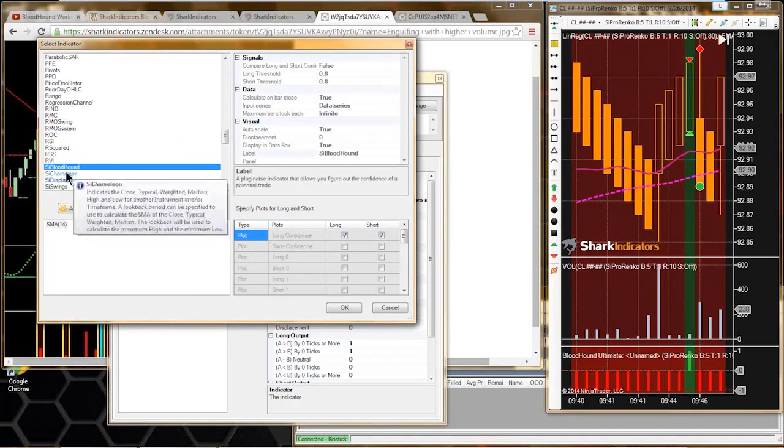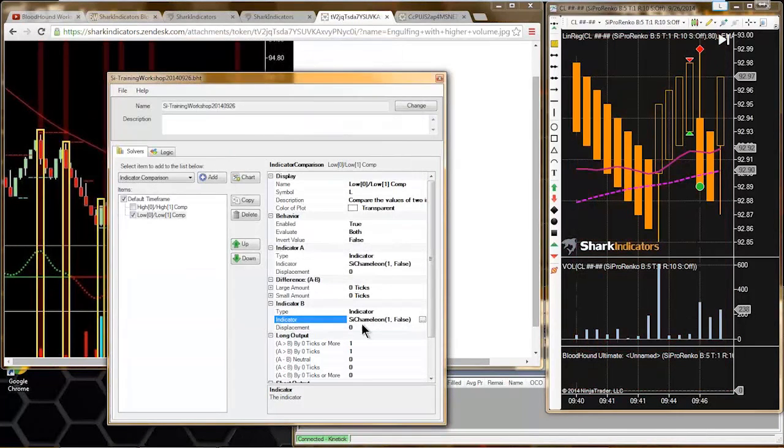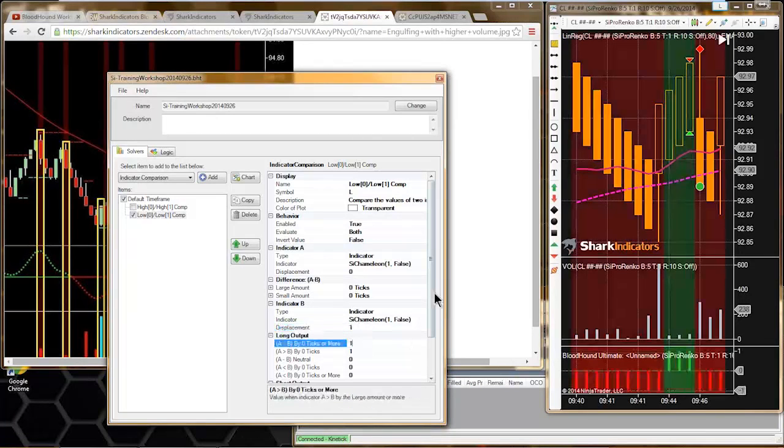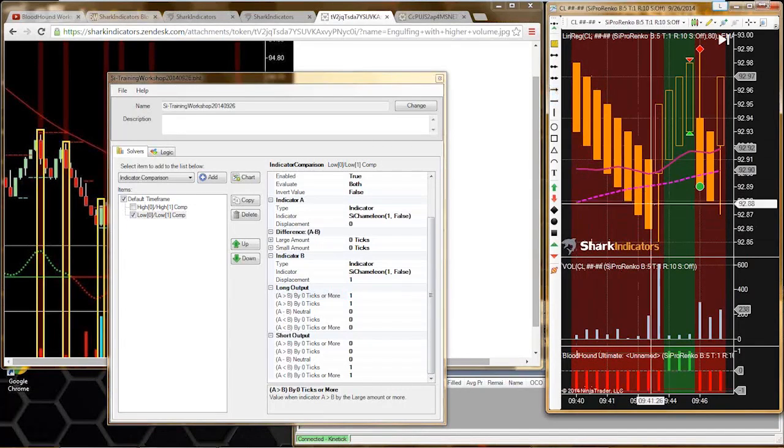All right, select Chameleon, select the low price, and we just need to remember to set our displacement to 1, so this is looking at 1 bar back. And so in this case, for this solver, what are we looking for here?